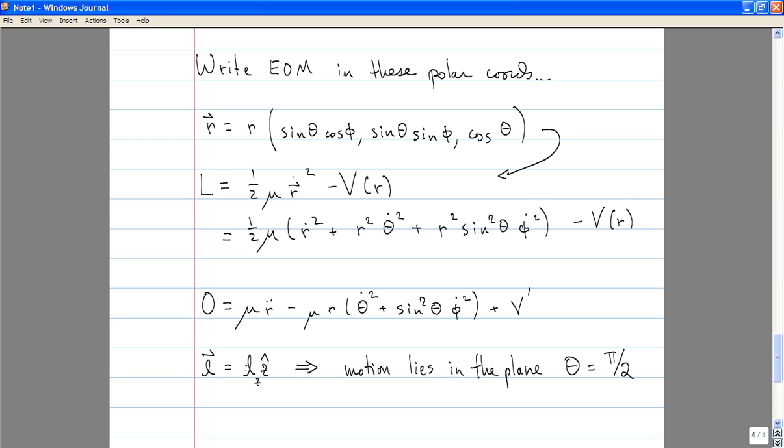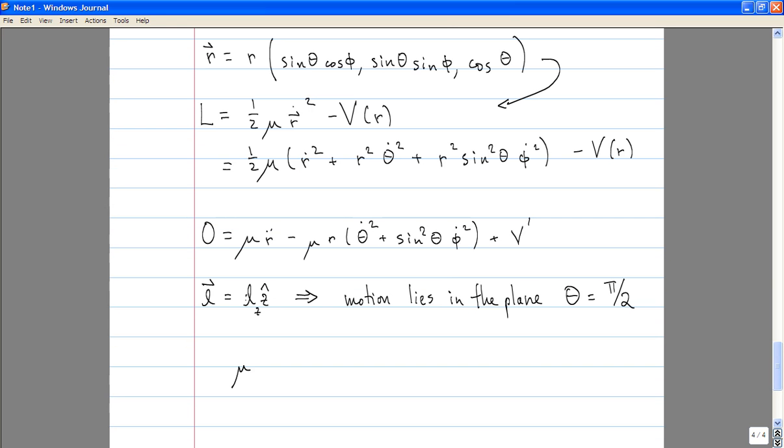So if we plug theta equals pi over 2 into this equation of motion for r, we get mu r double dot minus phi dot squared plus v prime is equal to 0.